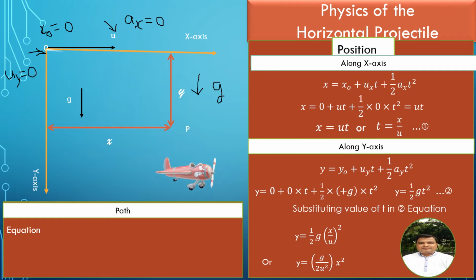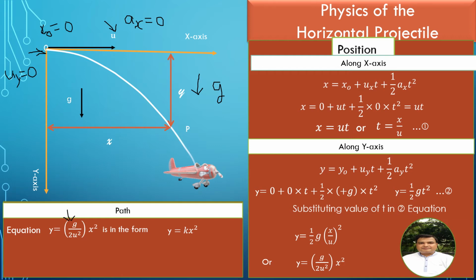Equation y equal to g by 2u square x square is in the form y equal to kx square. Here this g by 2u square, that is within the bracket, we are taking as k.